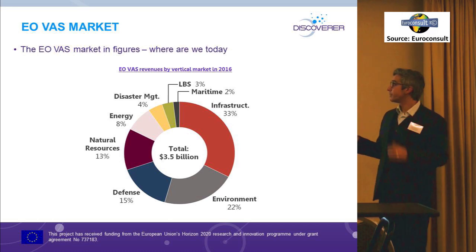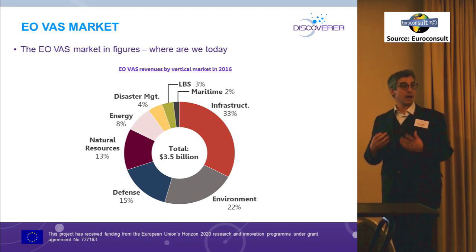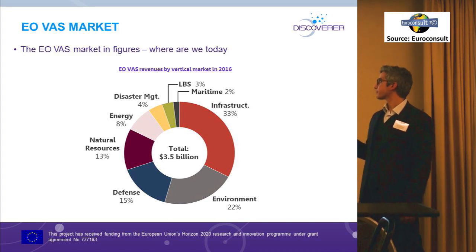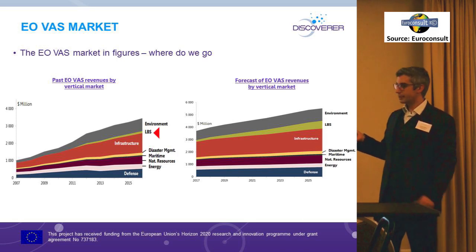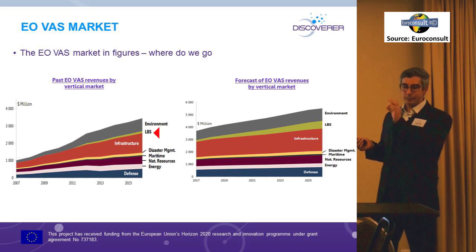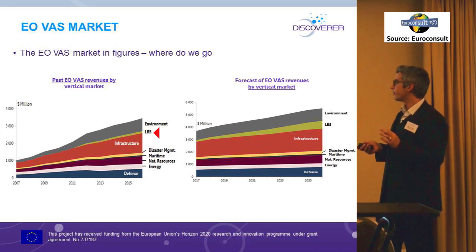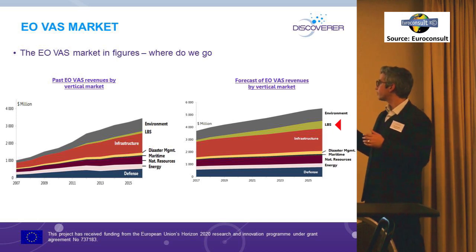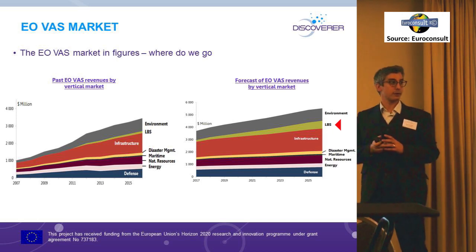However, other vertical markets such as infrastructure, environment, natural resources, here, as of today, they have a major demand in terms of this type of data. At the moment, location-based services represent a very small portion in terms of revenues on value-added services. But in terms of growth, so this is the conservative scenario, this type of services in particular will have a higher growth in the future.